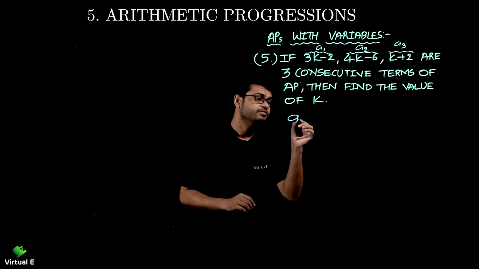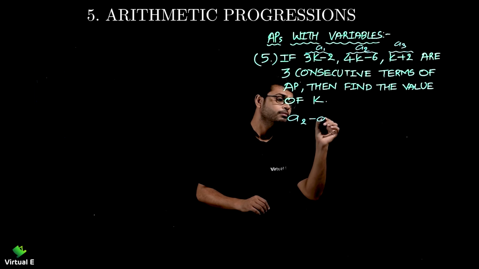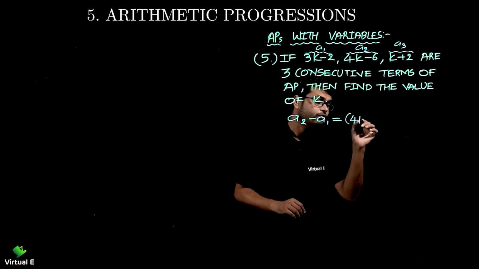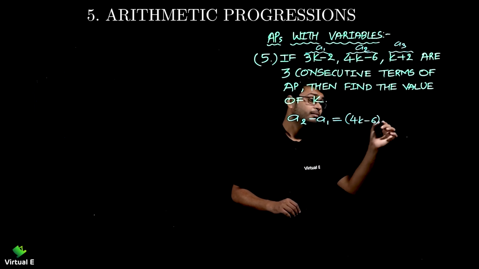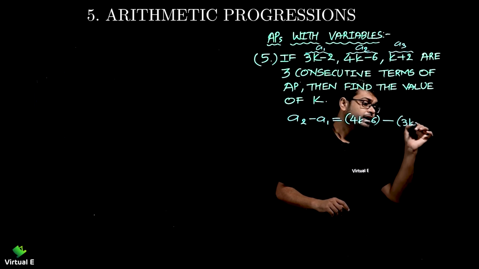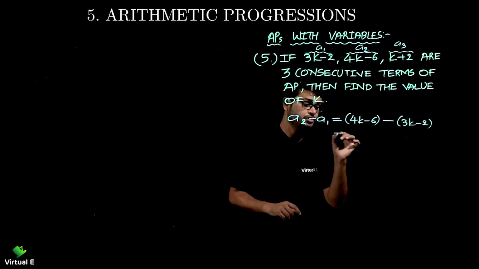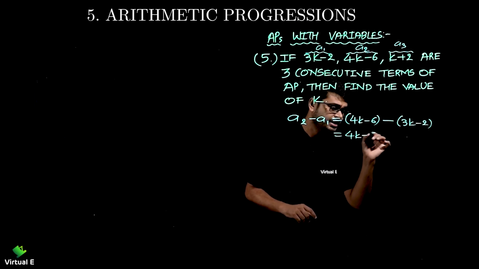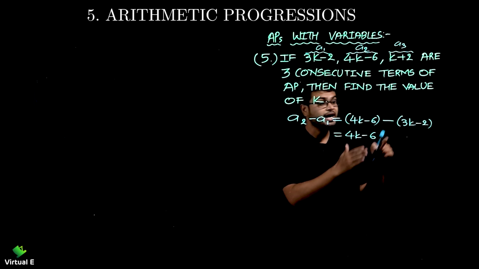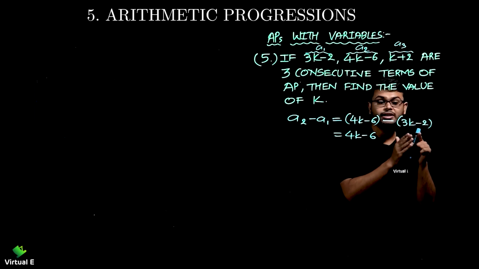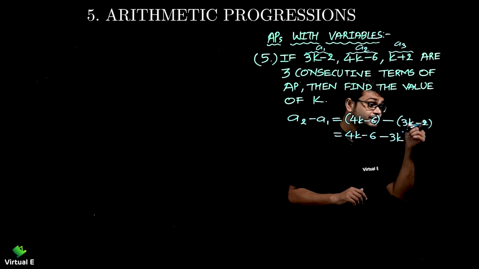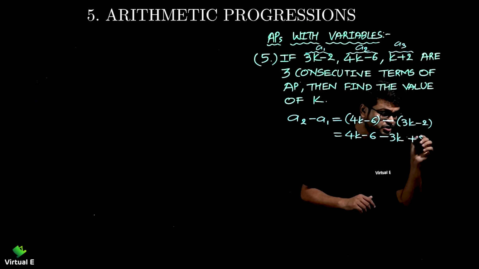So first of all, I will be doing A2 minus A1, the value of A2, which is 4k minus 6, minus A1, which is 3k minus 2. So 4k minus 6 as it is, and there is a minus sign before the bracket. I need to change the sign of each term. This 3k will become minus 3k, this minus 2 will become plus 2.